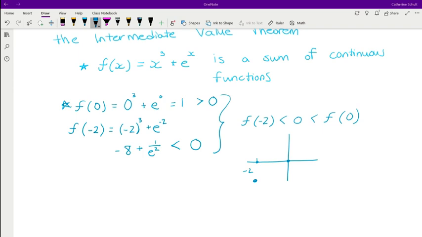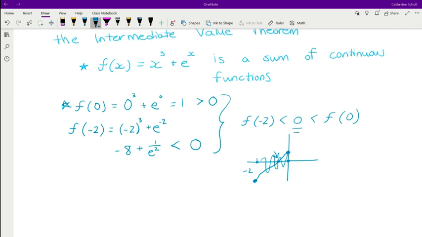F of -2 is negative. F of 0 is positive. So because it's a continuous function, at some point, or points, it could be numerous points, right? It could go up, down, up, down, up, down, up, down. But there's going to be at least one point where the function crosses the x-axis, and that's your 0. So that's what the intermediate value theorem says.